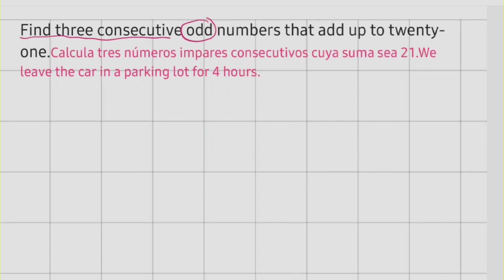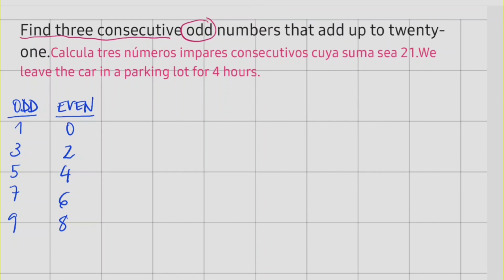Right, so if you remember, the odd numbers are the ones that end in 1, 3, 5, 7, or 9, whereas the even numbers end in 0, 2, 4, 6, or 8, right? How can we be sure that the result we get are odd numbers or even numbers?